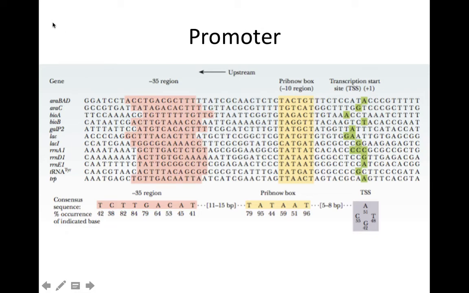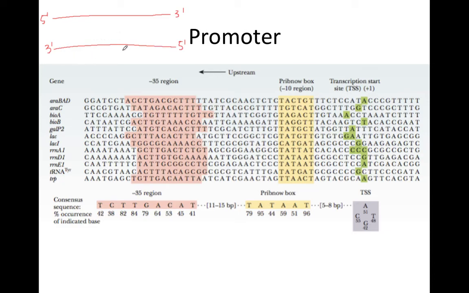So for example, if you have your DNA strand here and another one here, so if this is your 5' to 3' strand, and this is your 3' to the 5' strand, remember that nucleic acids are always synthesized in the 5' to the 3' direction.